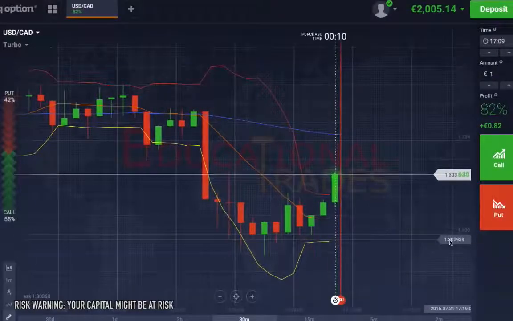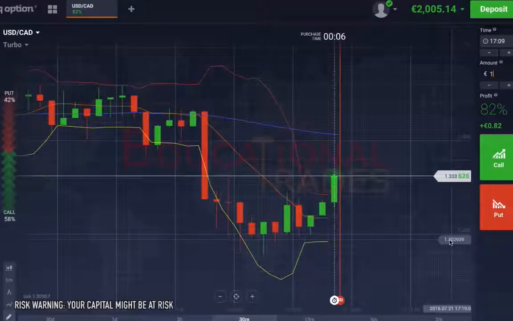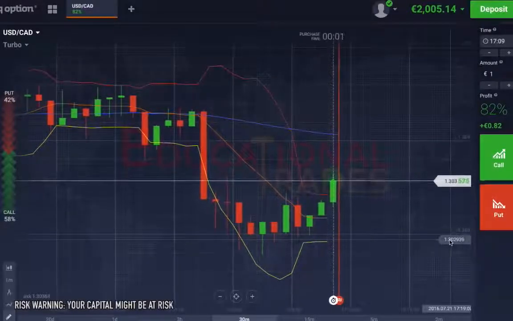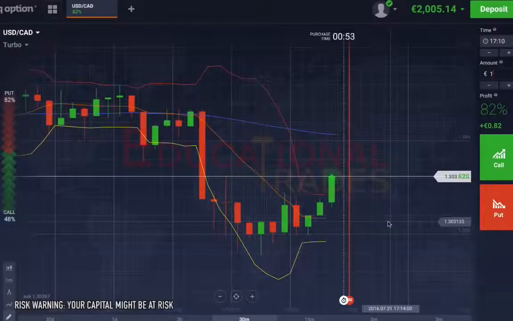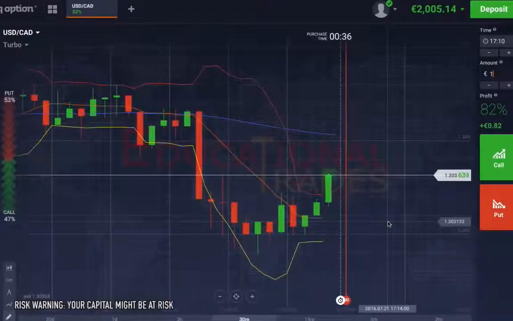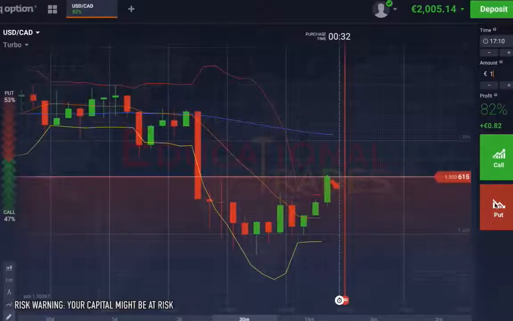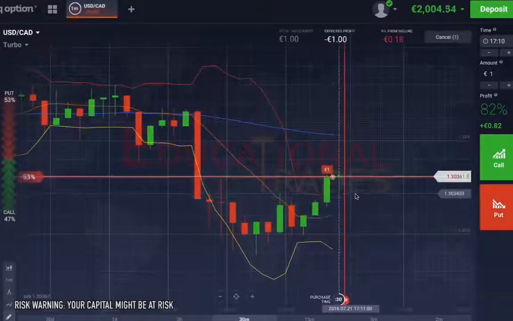Well, on USD/CAD we have a good moment, but pay attention because we are moving close to the average area. It seems that a green candle is breaking the higher Bollinger Band. So be ready to take a position in call. I have checked investing.com on another screen, and the trend is on strong sell.